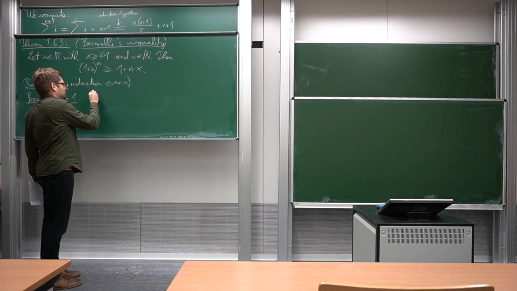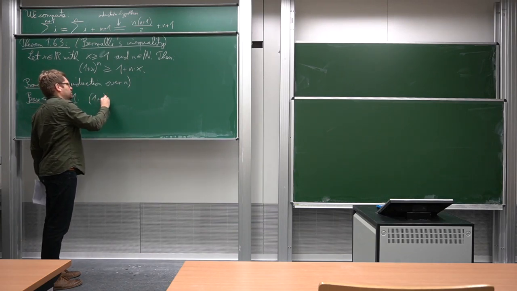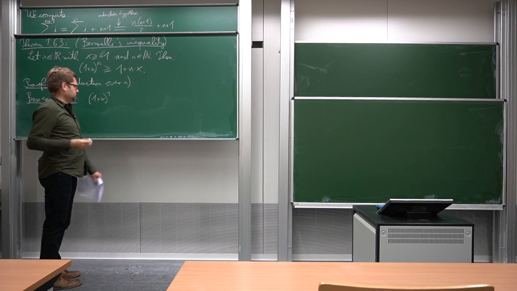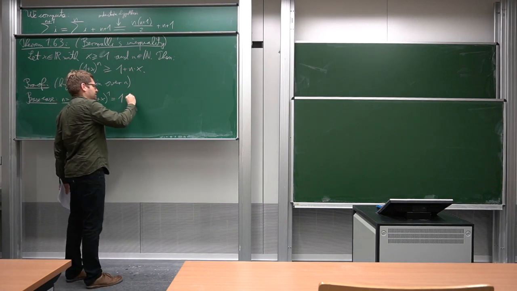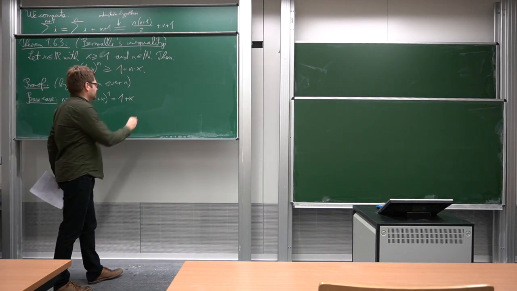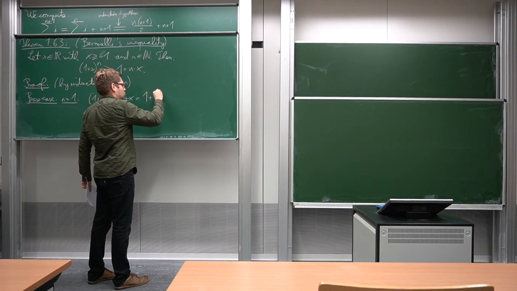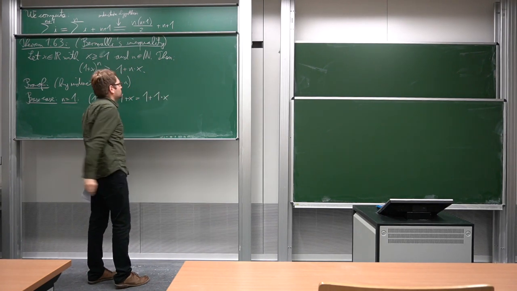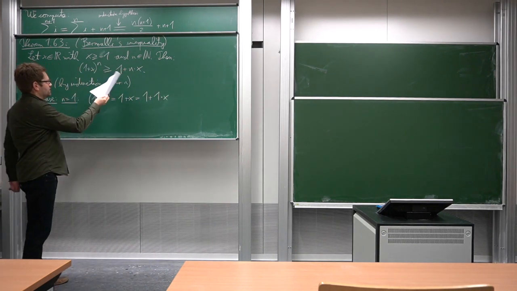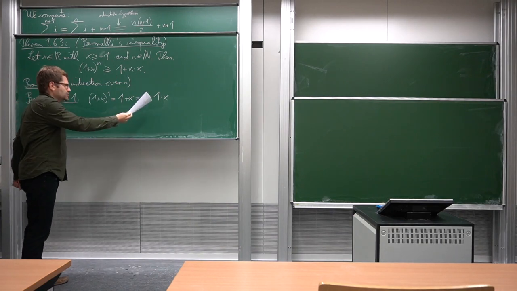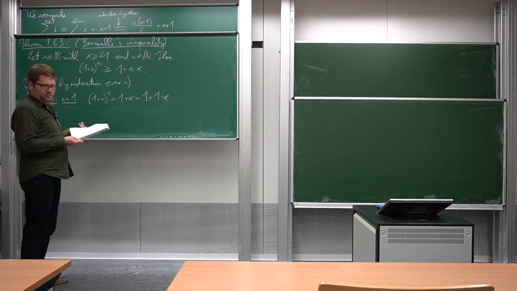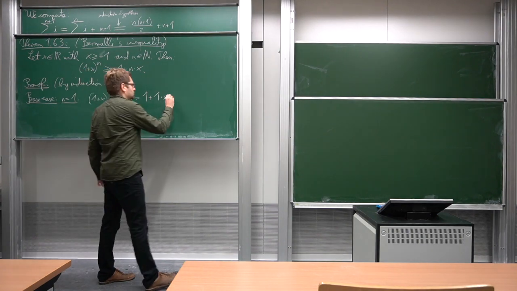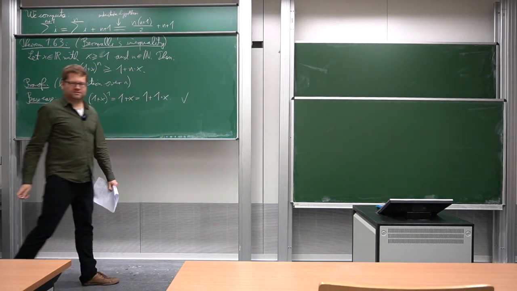If we have the situation, we have 1 plus x to the power of 1. Yeah, okay, this is just 1 plus x itself, okay? And this we can write as 1 plus 1 times x, which is the right-hand side of the inequality we want to show. So there is equality between those two, so especially there's inequality. So it works. We've checked this.